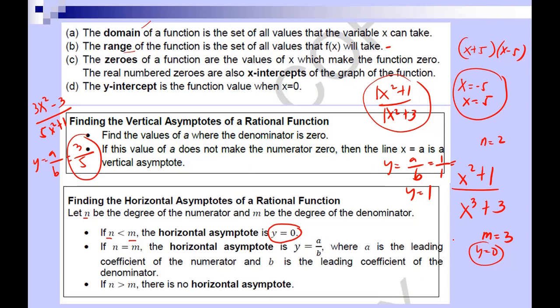And then, for example, x cubed plus 3 over x squared plus 1. So, ang n natin is 3. Ang m natin is 2. Pag dako gani ang highest exponent sa babaw kaysa ubos, therefore, ang inyong answer automatically no horizontal asymptote.